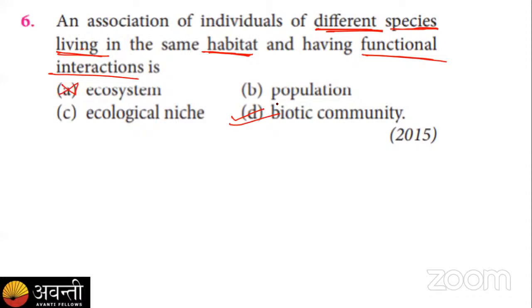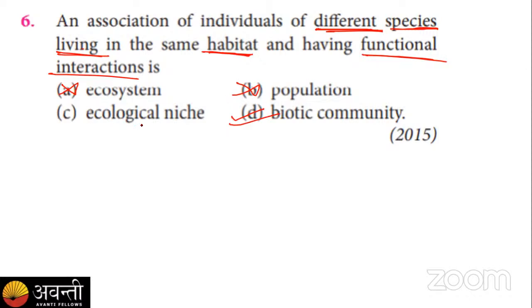Next, we have the option population. As you know, the population is just a group of a single type of species, but here we are talking about different types of species. So the population option also gets discarded, or we can say it is nullified.